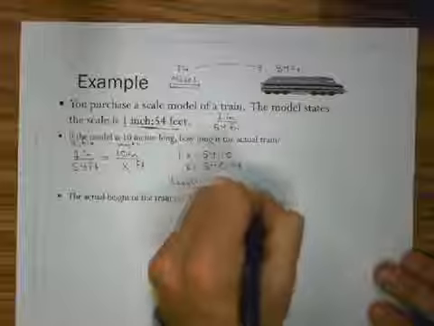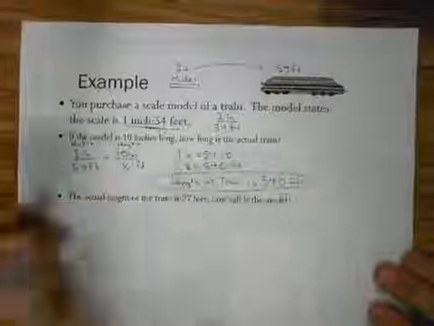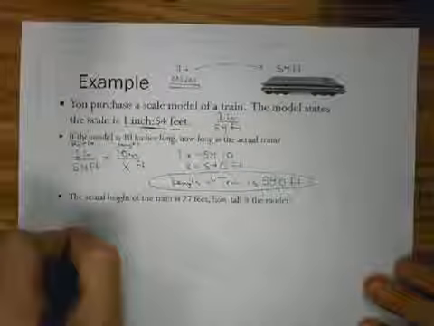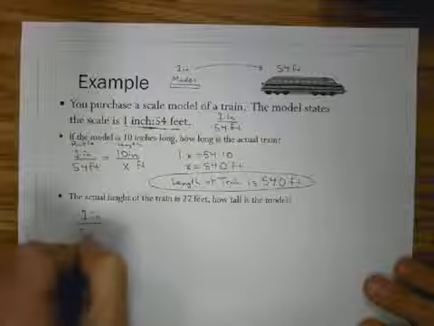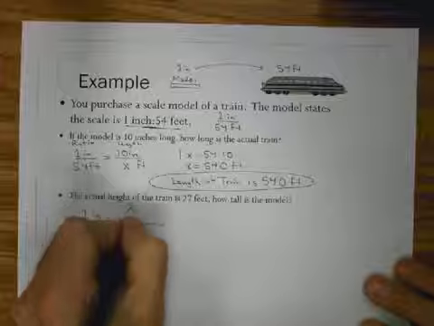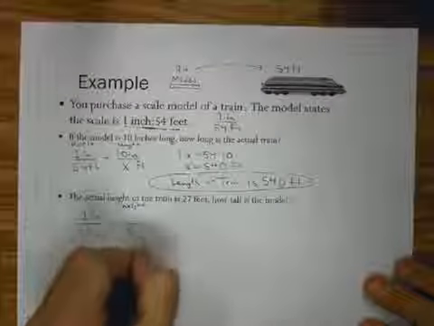And that'd be a very small value dealing with the ratio we have. So I do cross product. I get 1 times x equals 54 times 10, and that gives me x is 540 feet. So the length of the actual train is 540 feet.